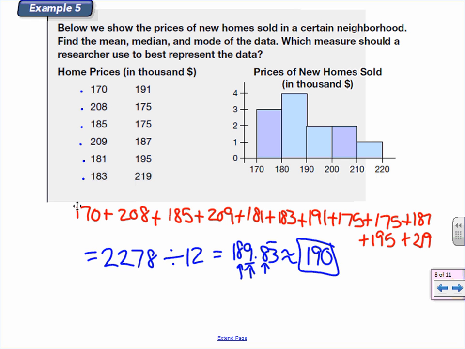Now, to find the median and mode, I have to put the data in order. So I would do the lowest number, which looks to be 170. And I like to cross them off as I go so that I don't miss a number. And then I think 175 is the next. And there's another 175.